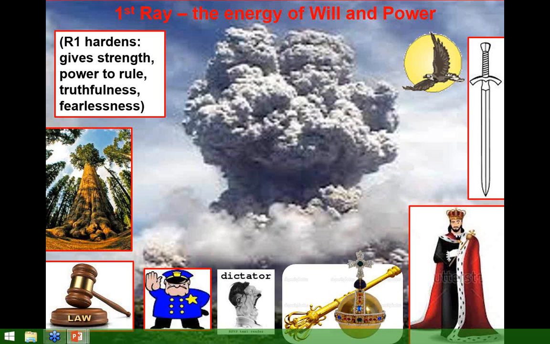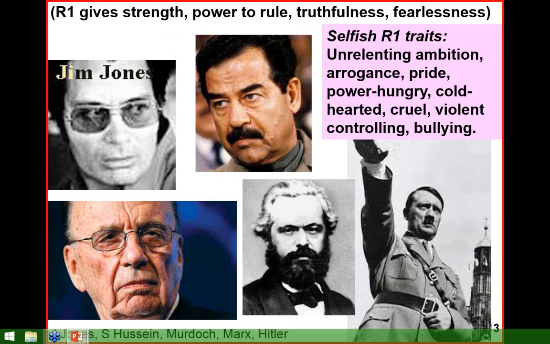We'll start to have a look at some of the famous personalities who have been on that ray. And I put personalities up there. Karl Marx is in the middle, and I thought later, well, I shouldn't have really put him in there, and Rupert Murdoch, we could argue about, but I wanted to really give extreme famous examples of people who had first ray in them somewhere.